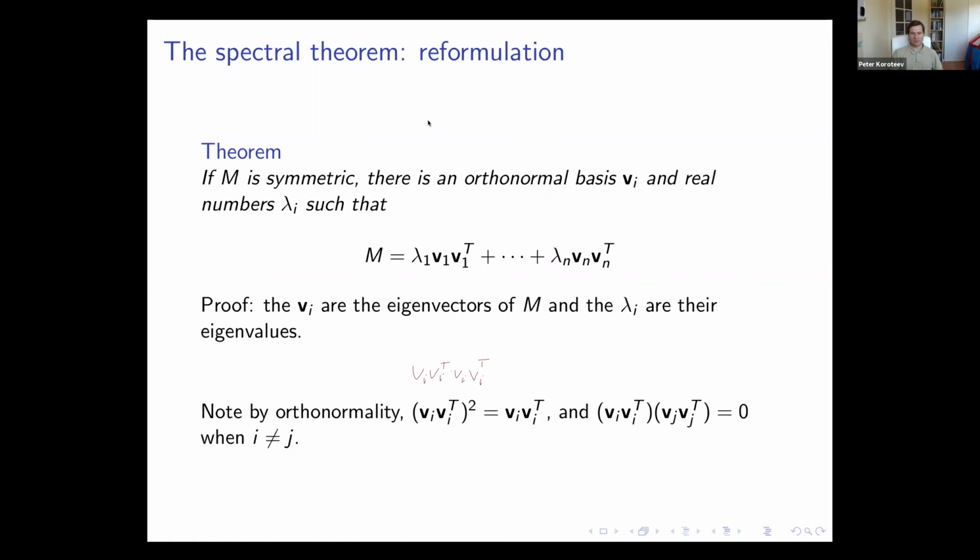Now recall that Vi transpose Vi is equal to 1. So this is equal to, again, Vi Vi transposed. And Vi transpose Vj is equal to 0 when i is not equal to j.